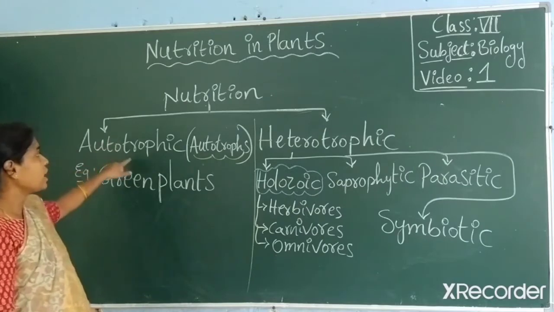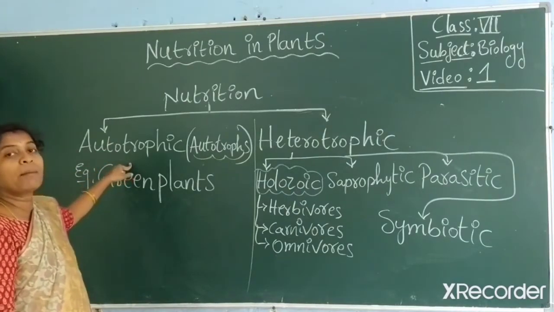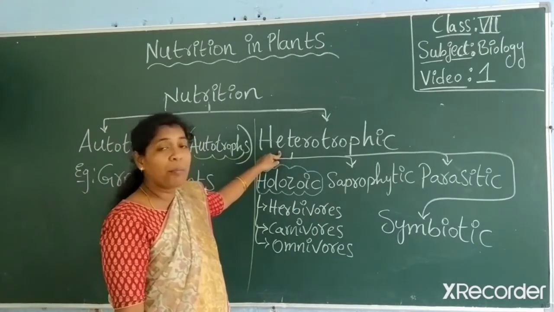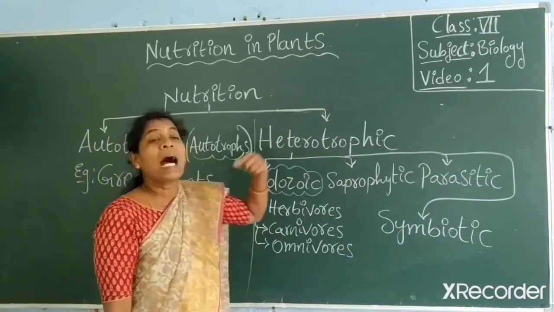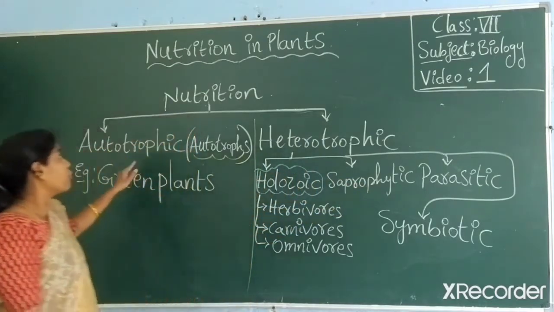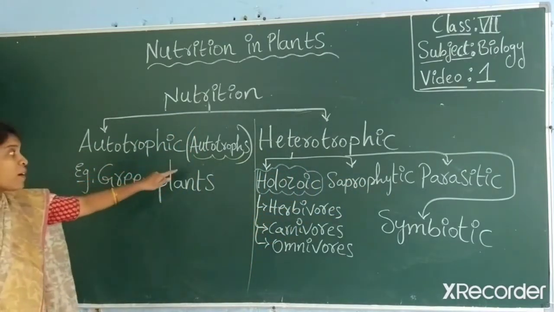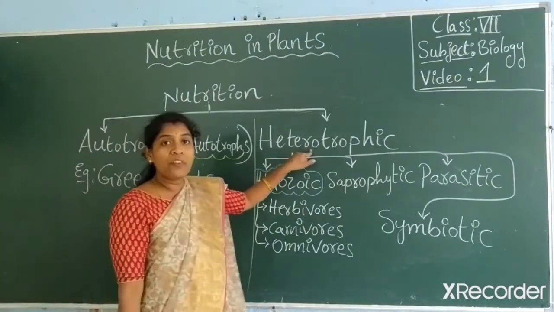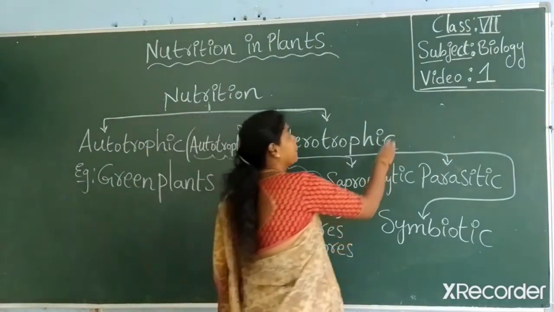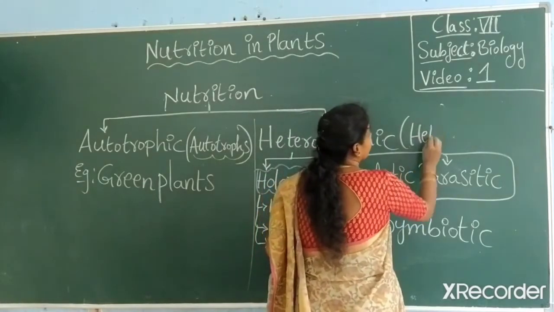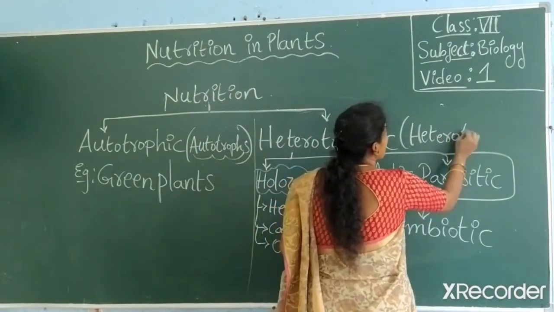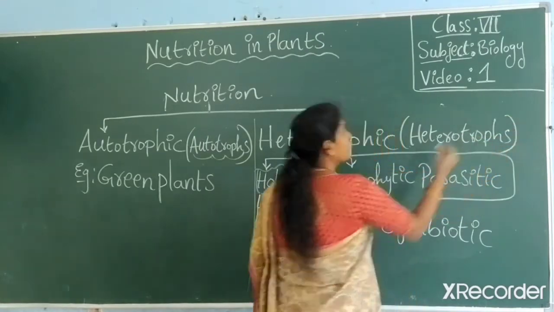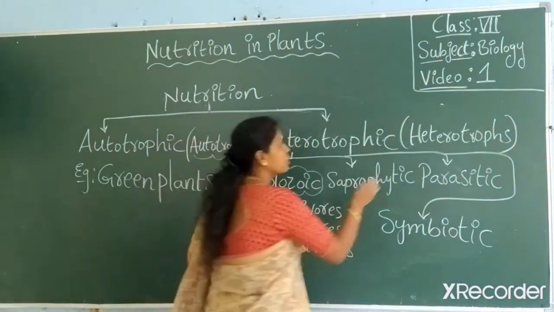Number 1, autotrophic nutrition, who can make their own food. Number 2, heterotrophic nutrition, who cannot make their own food and depend on other organisms. So, what are autotrophs? Example, green plants. Then what are heterotrophs?